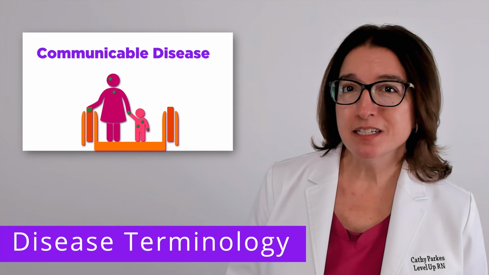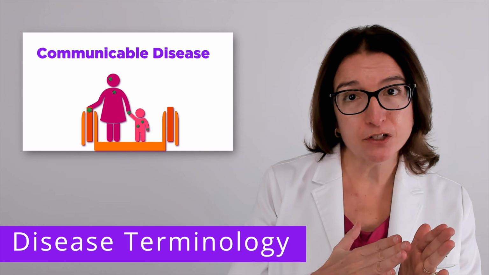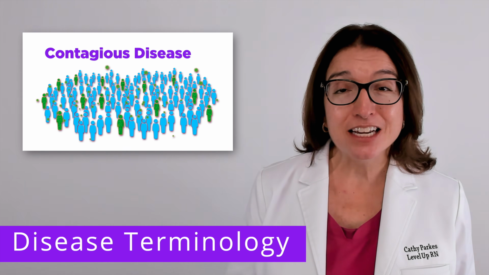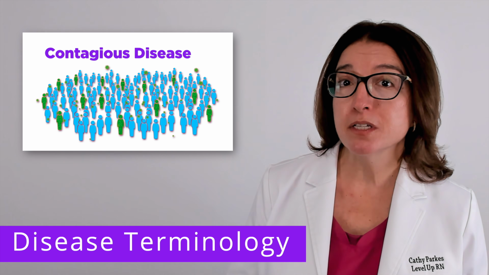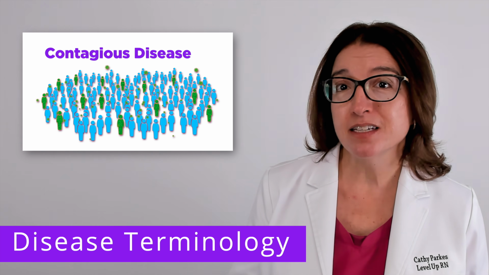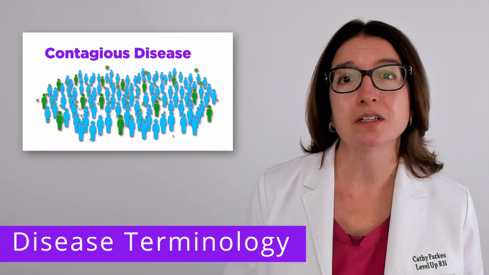A communicable disease is an infectious disease that is spread from person to person via direct or indirect means. A contagious disease is a communicable disease that is easily spread. An example of a contagious disease is measles, which is very easily spread from person to person.